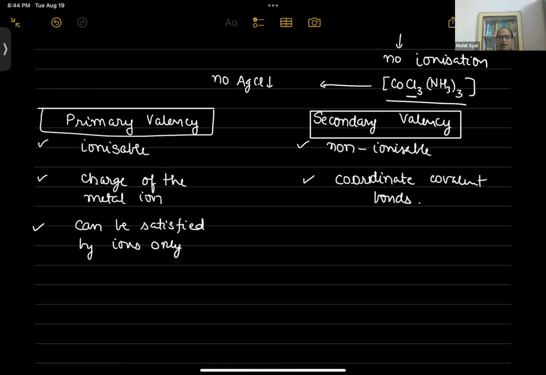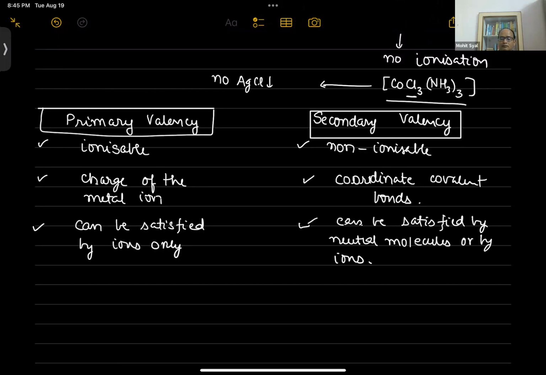Primary valency can be satisfied by ions only. Secondary valencies can be satisfied by neutral molecules or by ions both.